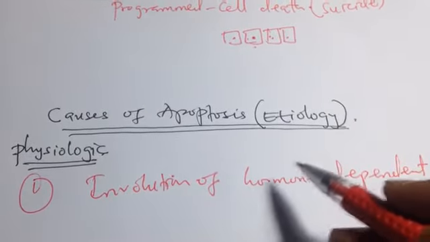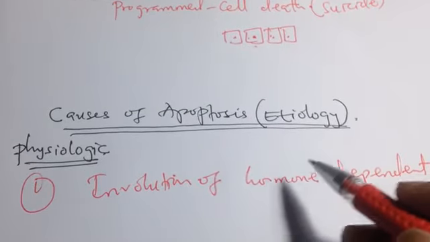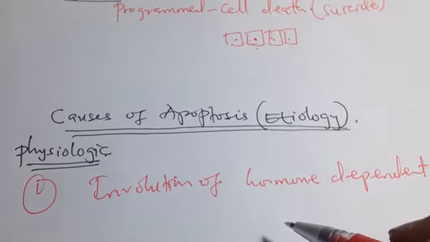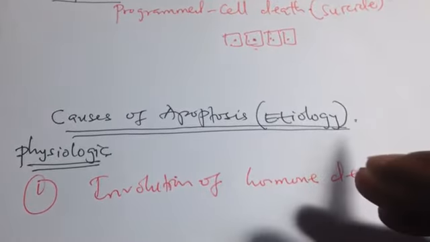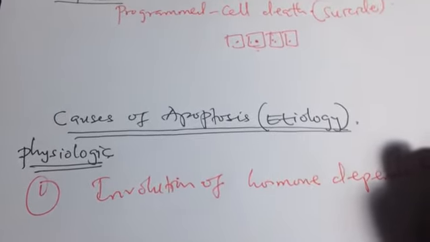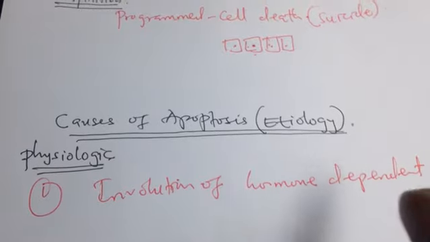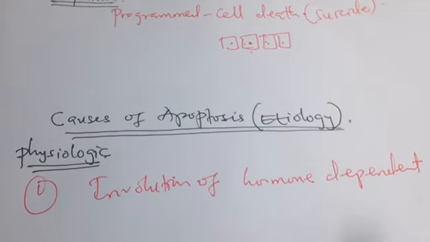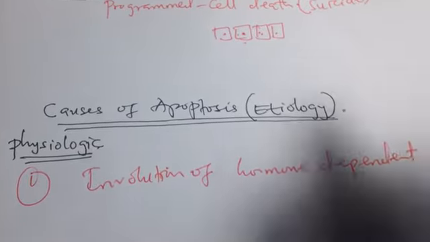Those hormones are what increase the growth of the uterus to a larger size. So when the pregnancy is finished, postpartum, the uterus needs to return to its normal size. So the cells have to undergo apoptosis. If the cells of the uterus undergo apoptosis, the uterus will decrease in size.